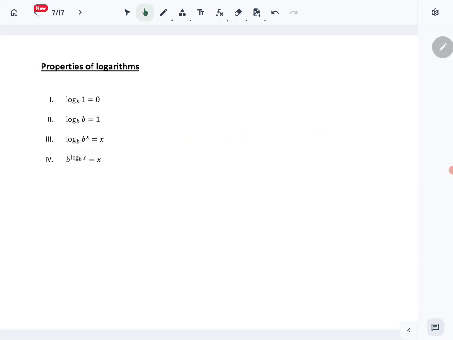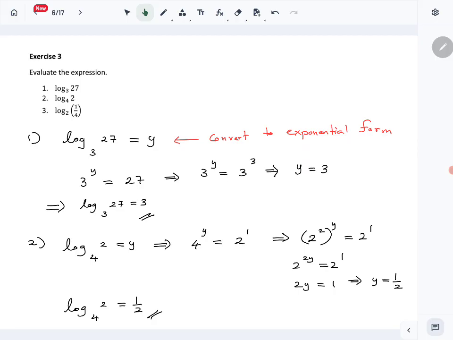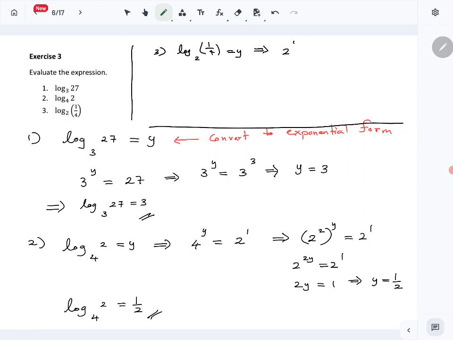Then let's do the last one. Log base 2 of 1 over 4. Let me equal it to y. Then 2 to the y is equal to 1 over 4.